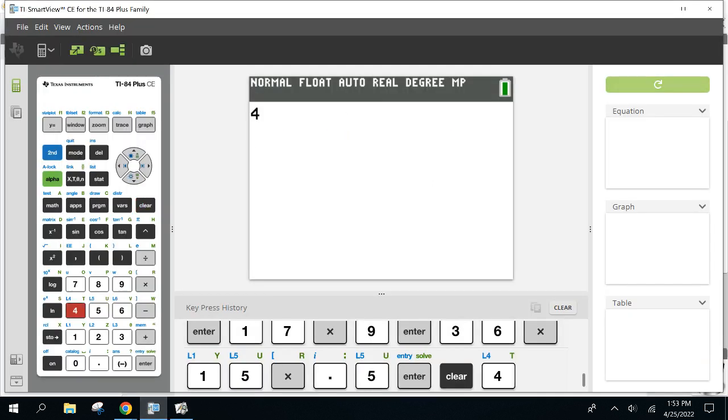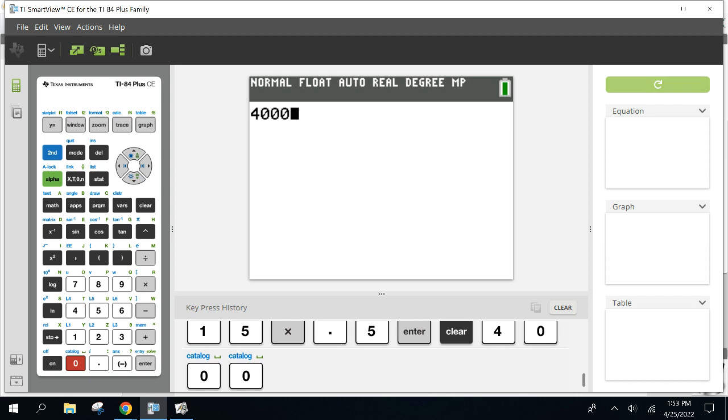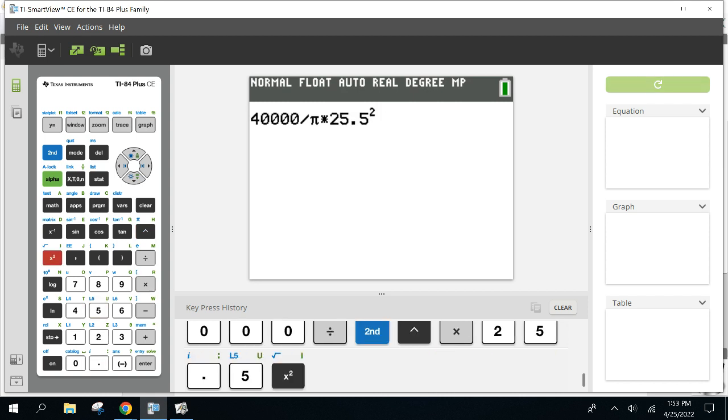If you're typing 40,000 divided by pi times 25.5 squared, you're not going to get the right answer. Here's why. Your calculator is just going to divide by what? What's the first thing after the division symbol? It's just going to divide by pi and then multiply it by 25.5 squared. I want to make sure it divides by the whole thing.